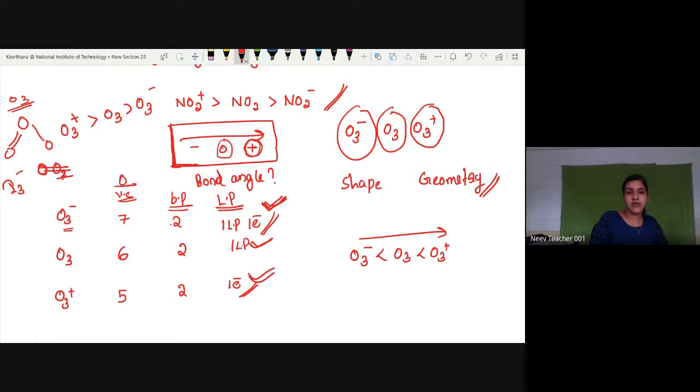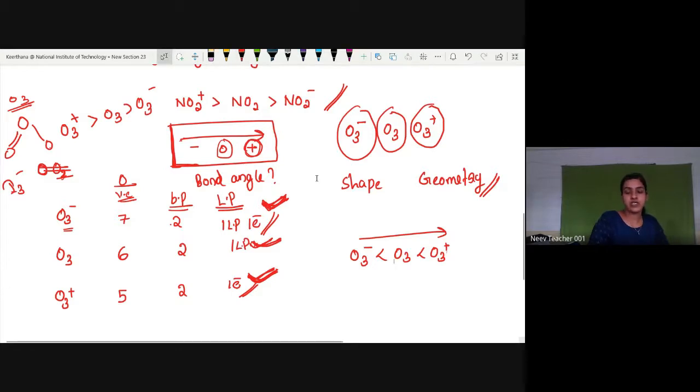The repulsion is minimum here, so the bond angle will be higher for O3 plus, then O3, then O3 minus. So the order is like this: O3 plus has a higher bond angle than O3, than O3 minus.